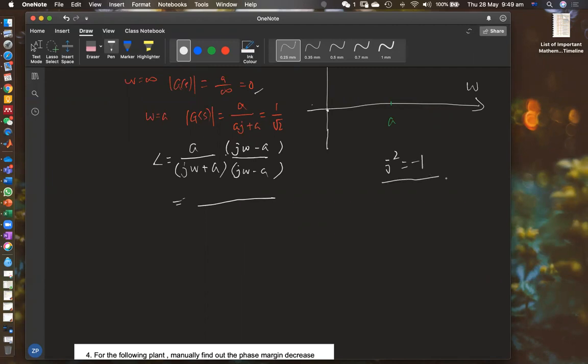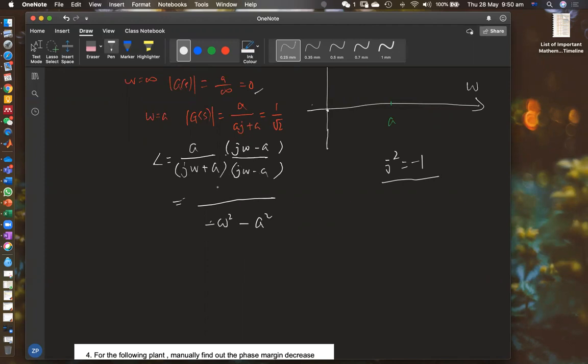This is what makes the imaginary number. So in here, you got a negative omega square at the bottom, you got a plus AJ omega, negative AJ omega, they cancel out, then minus A square. So the bottom is a negative real number.